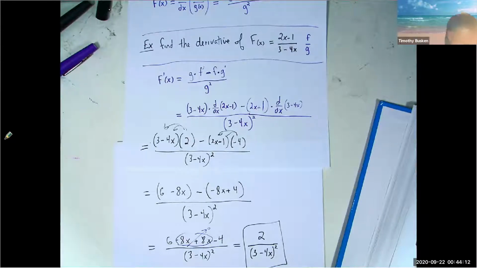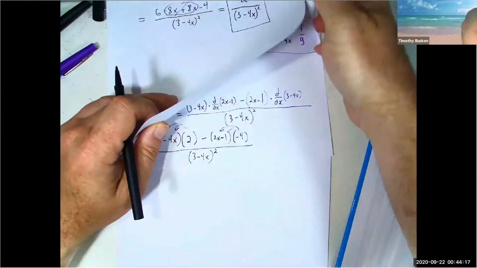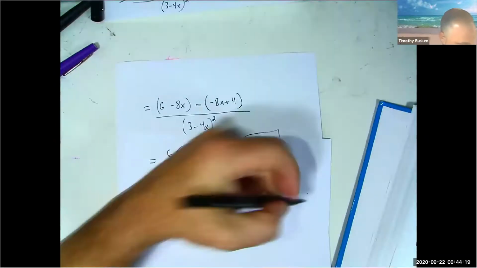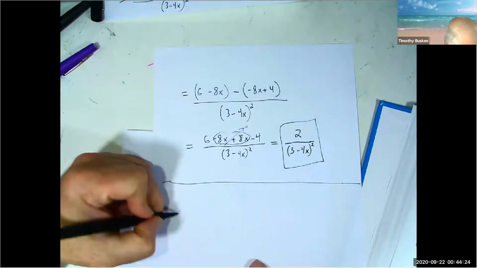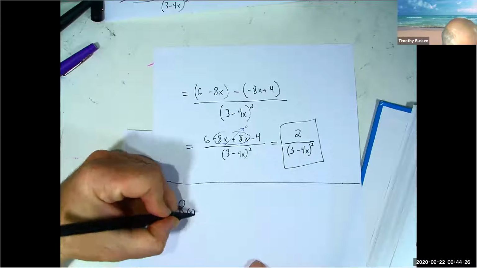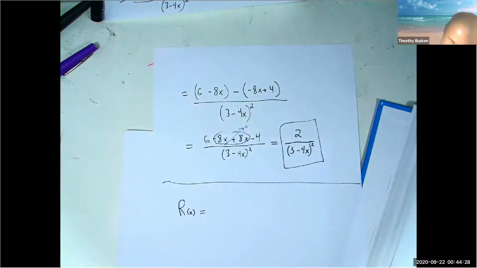Let's go ahead and take a look at another example, and then we'll get into the proof of the quotient rule. All right, so we want to take the derivative. This time, the name of the function is r of x.